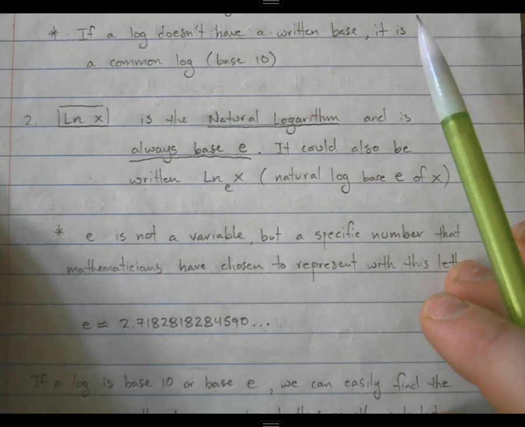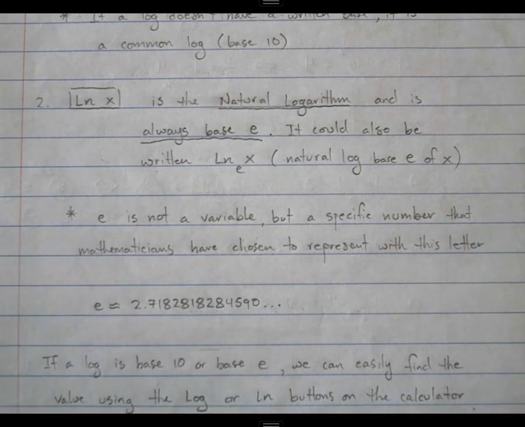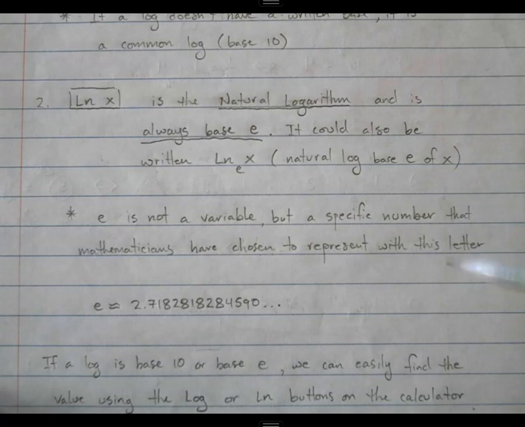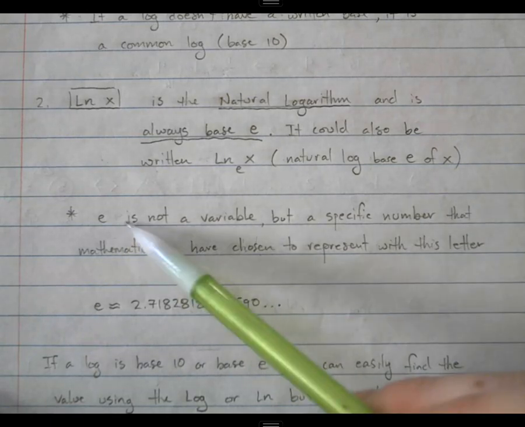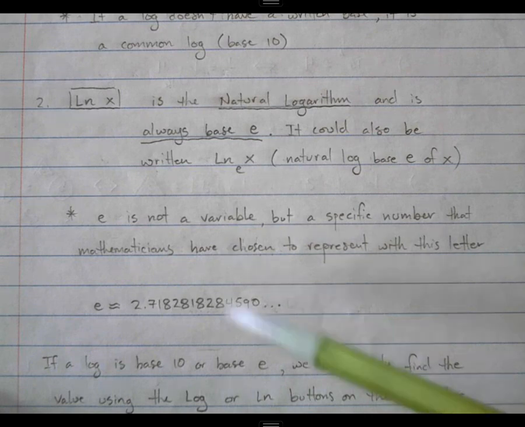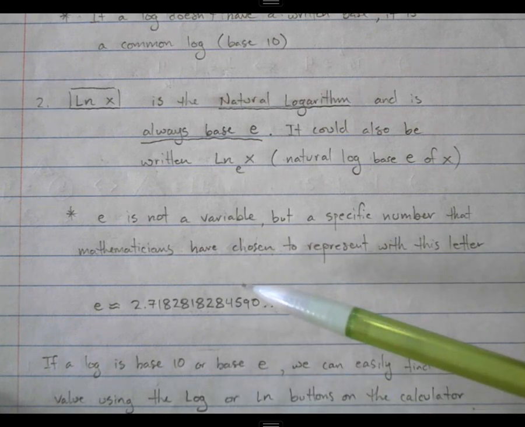The second logarithm that you're going to see on a scientific calculator is called the natural logarithm, and it always has base e. I'll probably make a separate video explaining what e is, but just really quick, e is not a variable, so it's not like x or y, something where we're going to be plugging in or substituting values in place of e.